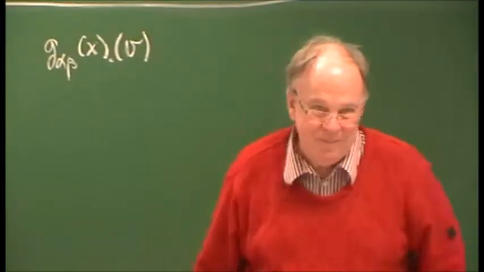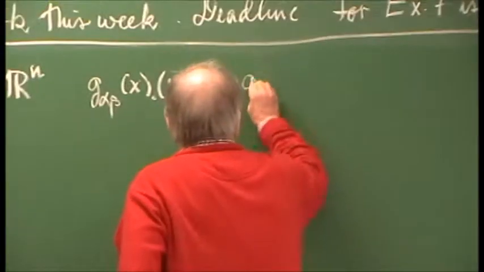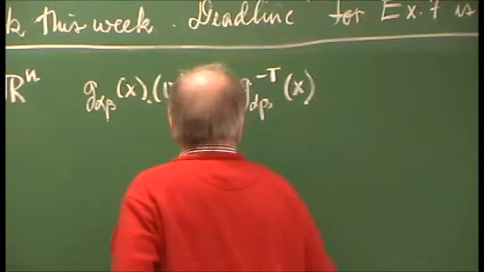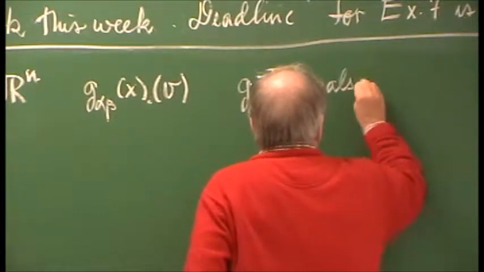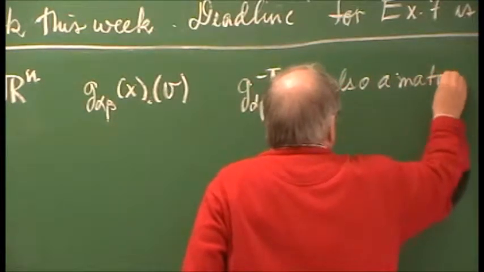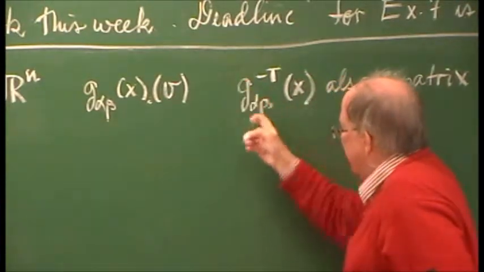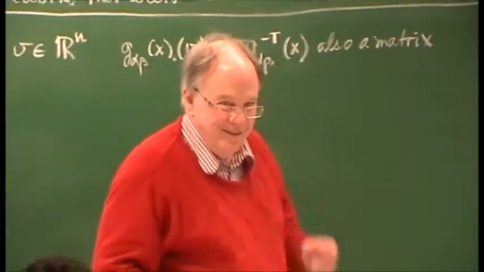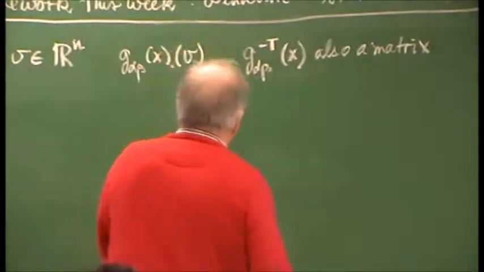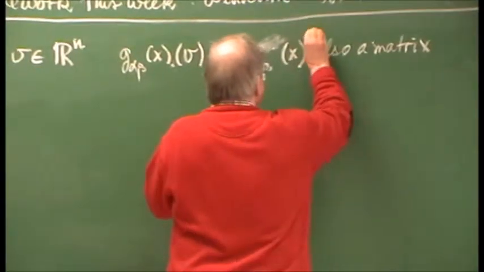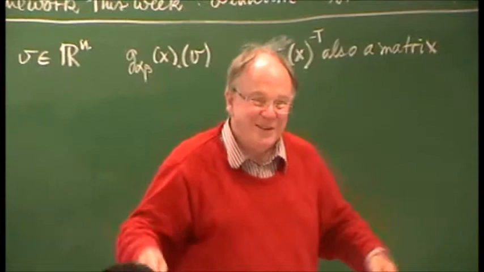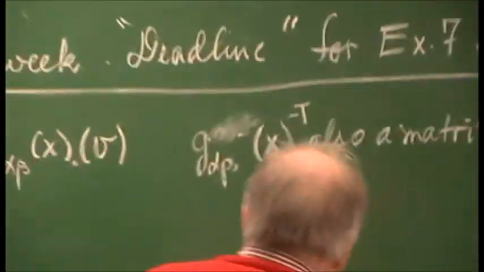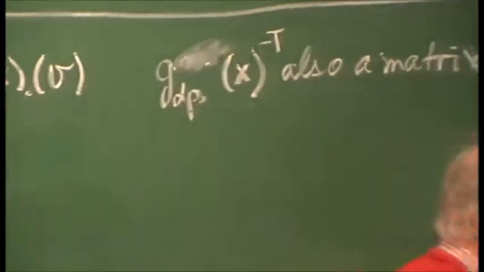That's what you were saying, I think, right? Okay? And G alpha beta transpose inverse of x is also a matrix, and the confusing point is, yeah, it's clear. If we start talking about it too much, we're confused. Okay? It's clear what that means. Actually, maybe I see your point. Maybe I should write it here. Now, no, really, it's true. I should write it there. Now you're satisfied, right? Yeah. Thank you. Okay. That's that.